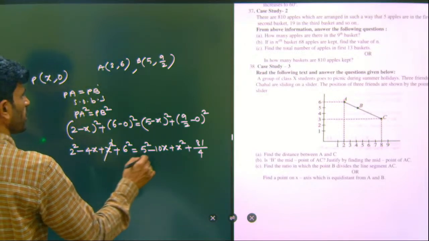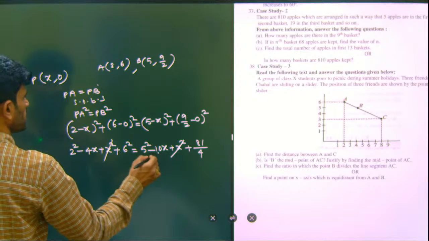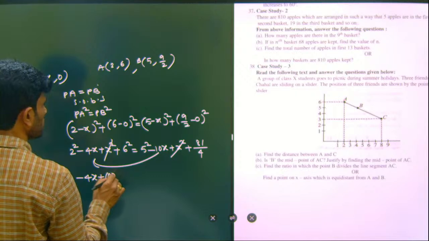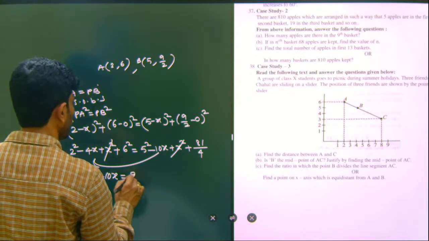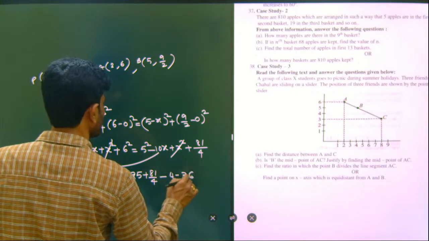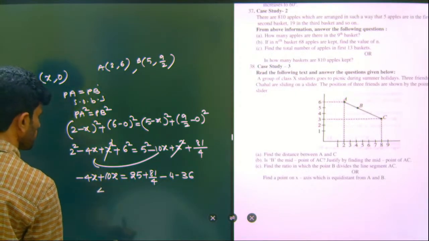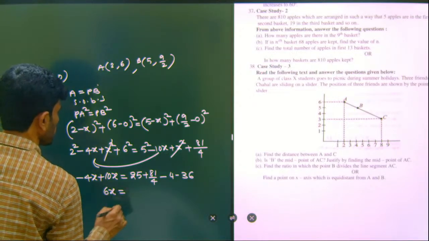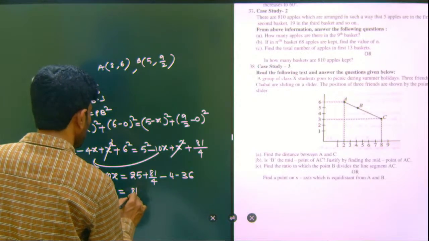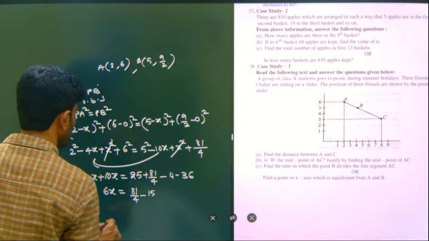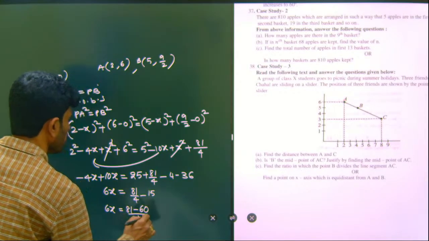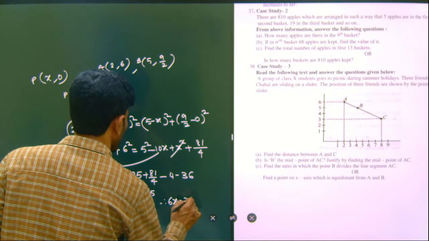X square cancels, minus 10x you transpose here, then minus 4x plus 10x is equal to 25 plus 81/4 minus 4 minus 36. So that is 6x. 6x is equal to minus 40 plus 25 is minus 15, plus 81/4 minus 15. So 6x is equal to (81 minus 60)/4. Therefore 6x is equal to 21/4.